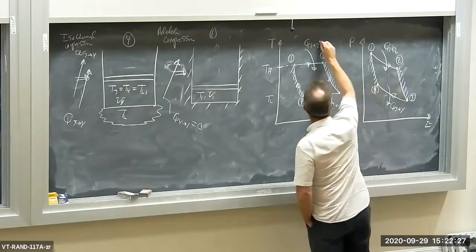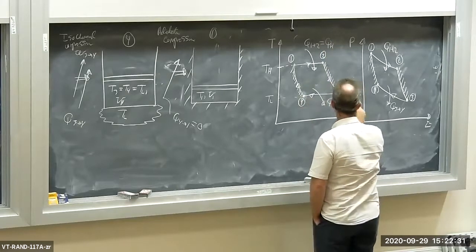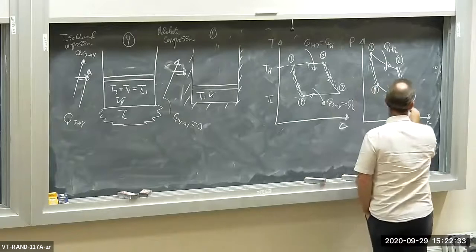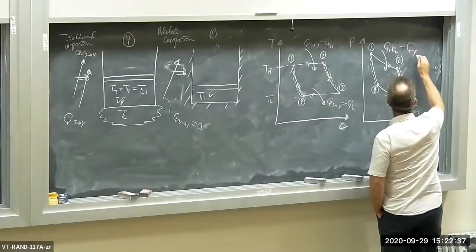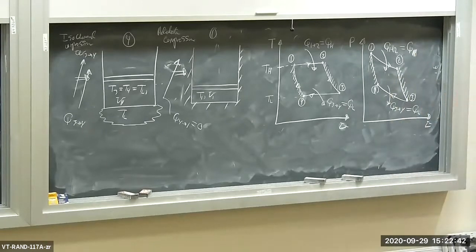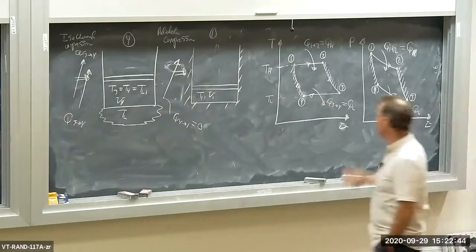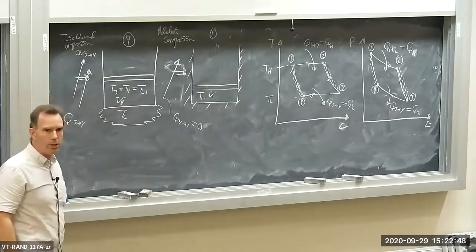So if you like, you can actually write QH here, and you can write QL, just to indicate where the heat is coming from or where it's going, the high temperature or the low temperature reservoir. So in the place of Q1 to 2 and 3 to 4, you can indicate Q high and Q low.